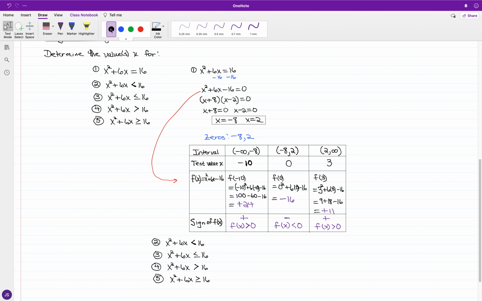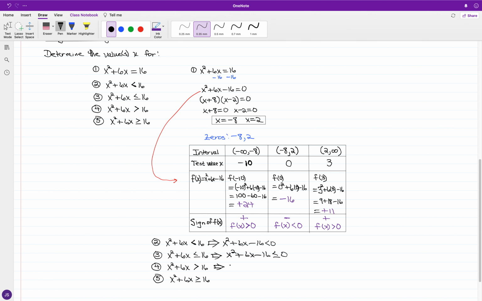So if I rewrote each of these as a comparison to 0, I would have x squared plus 6x minus 16 is less than 0. Then I have x squared plus 6x minus 16 is less than or equal to 0.